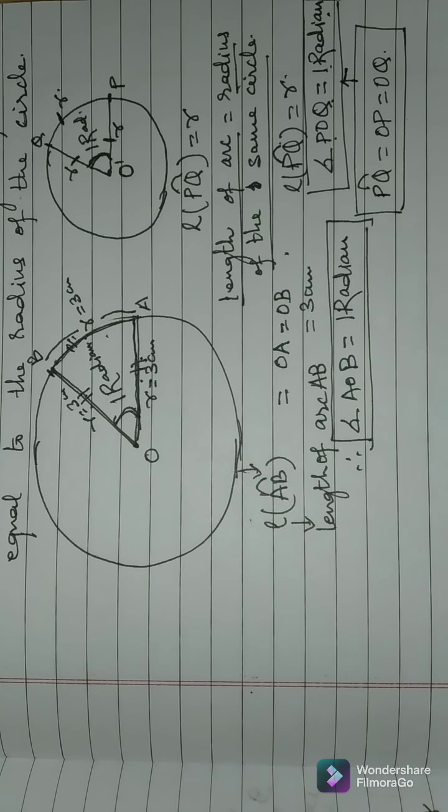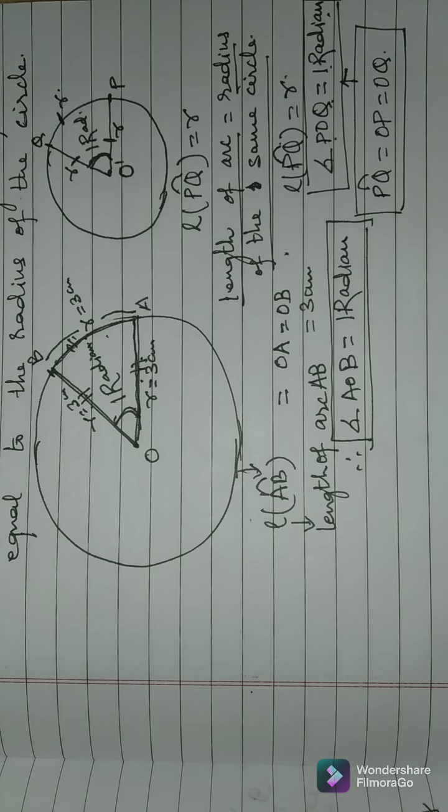Now we will show that if we take a circle of radius 1 centimeter and the arc length of the same circle is 1 centimeter, then that arc makes an angle at the center, which is 1 radian.